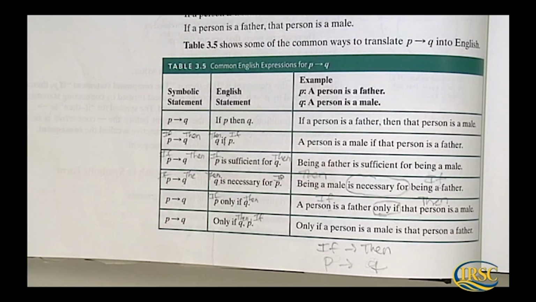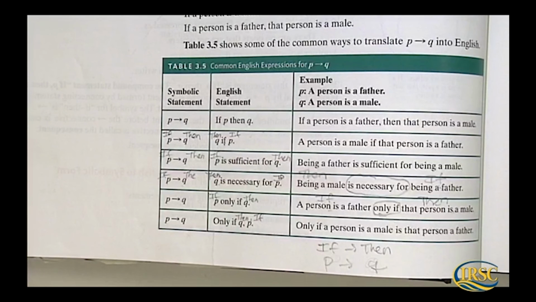But now, whatever comes after the only if is the then part in both of these rows at the bottom here. So Ed is a poet only if Ed is a writer. Only if Ed is a writer, comma, Ed is a poet.